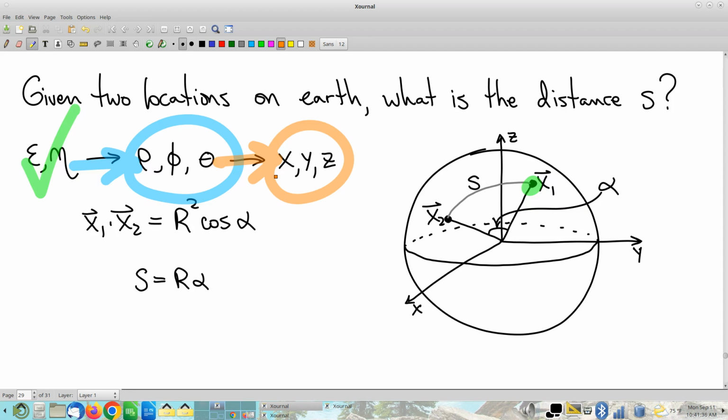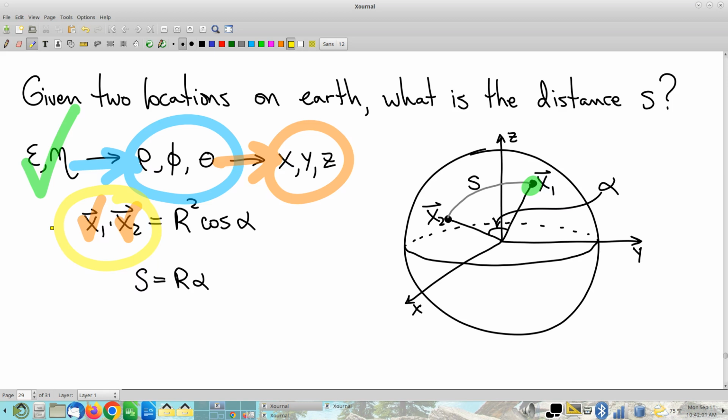Well, because with rectangular coordinates known for 2 points, it's super easy to compute the dot product. The dot product is super easy, right? It's just x1 x2 plus y1 y2 plus z1 z2. Nothing to it. Why does that matter?